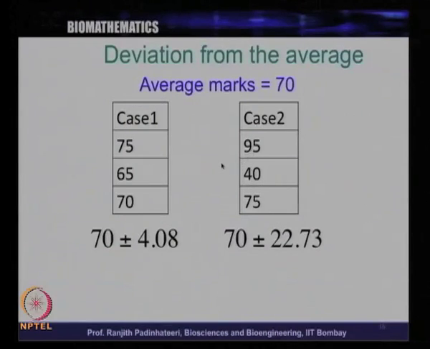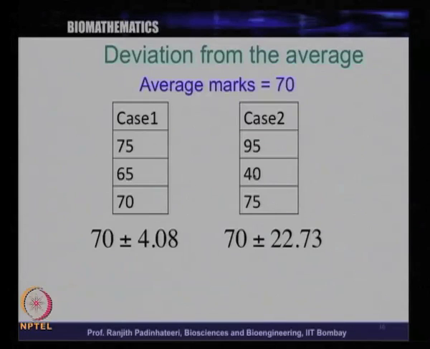So basically you have two cases, and in the two cases the average is the same, 70, but the standard deviations are very different. Here the standard deviation is close to 23, and here the standard deviation is only 4. So much smaller standard deviation here and much bigger standard deviation here.